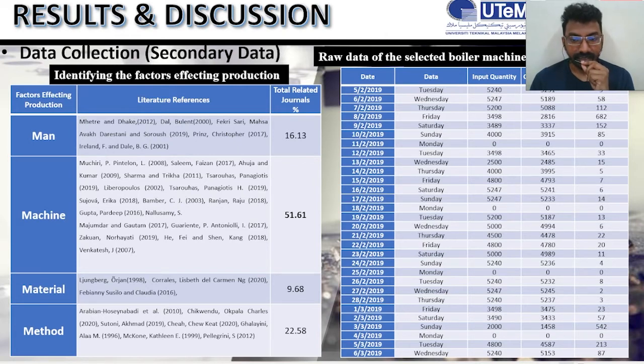The data next to it is the raw data, which is the data of input and output production of the company. The data collected is for 30 days. This is based on the maintenance report and other reports such as the company production report.